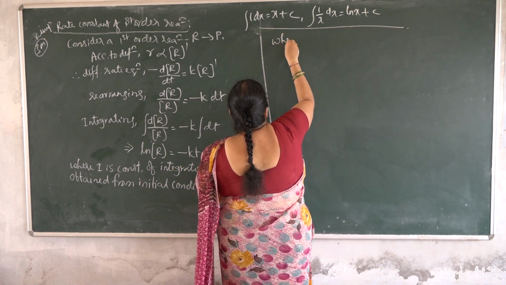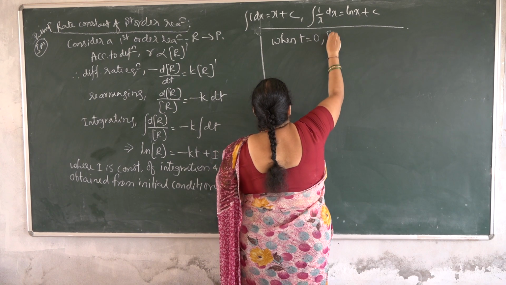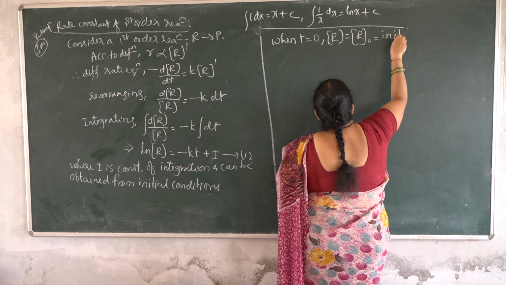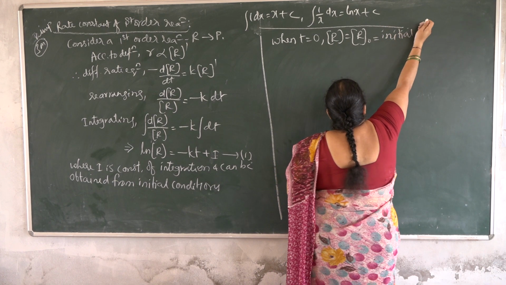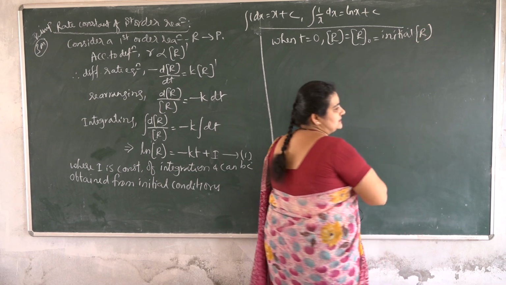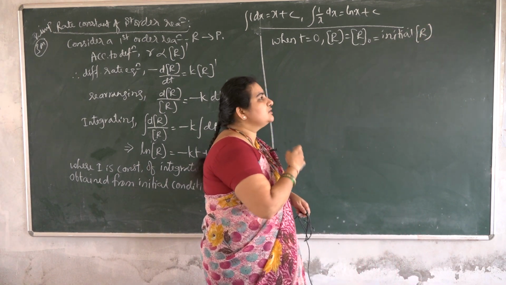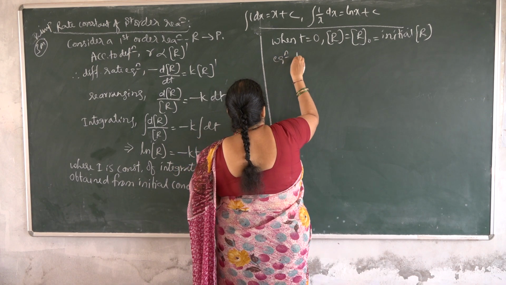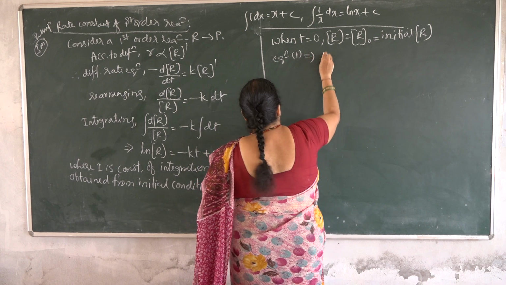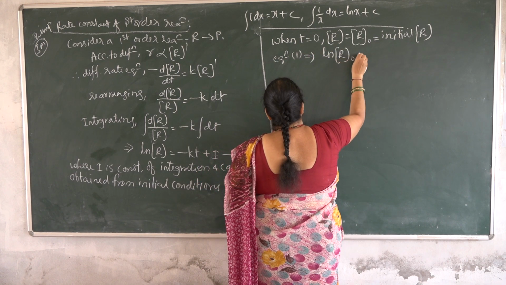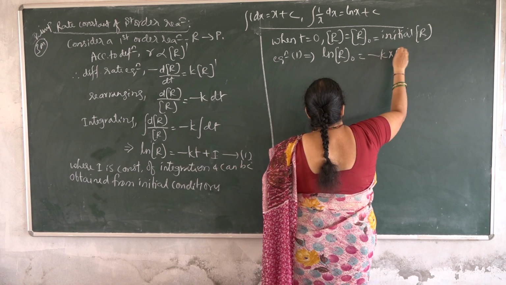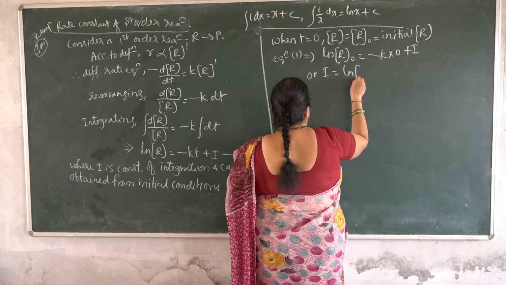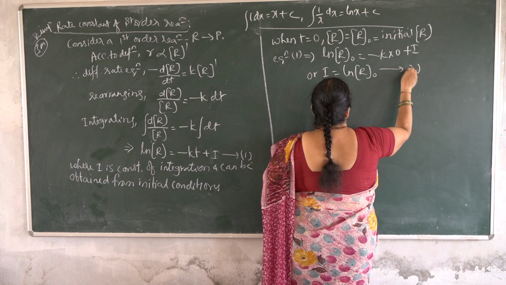When t is equal to 0, concentration of R is taken as the initial concentration of reactants, R naught. If you substitute the initial conditions in equation 1, then ln R naught is equal to minus k into 0 plus I, or I is equal to ln R naught. This is equation 2.